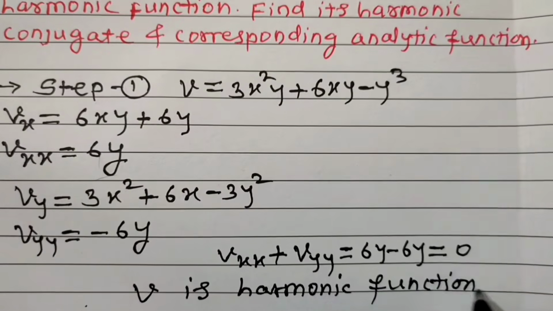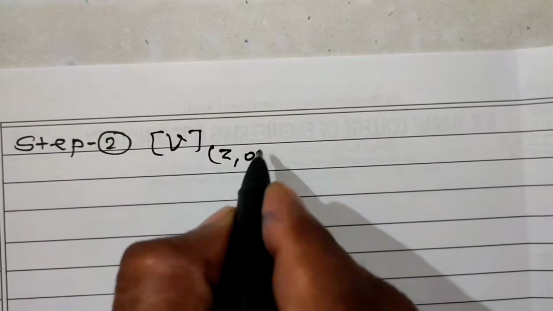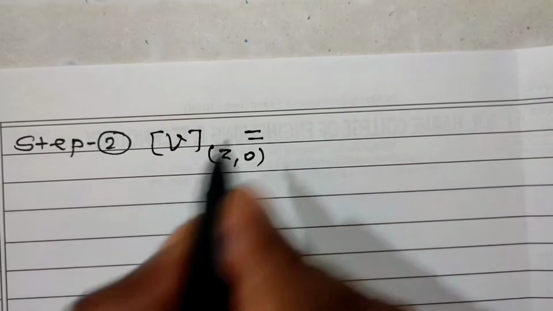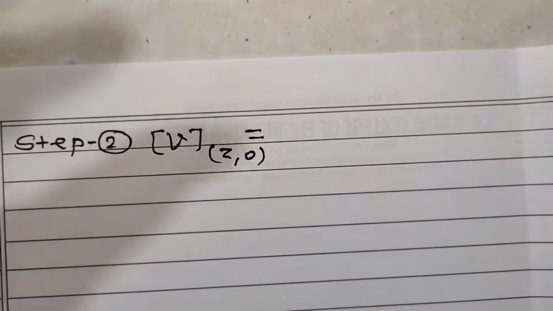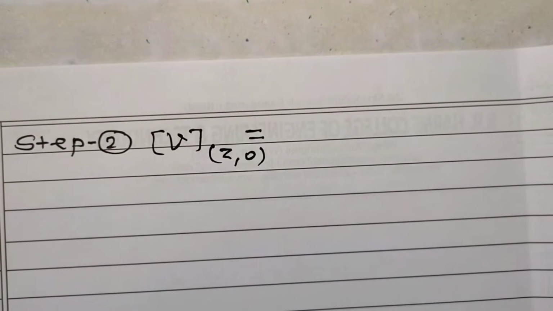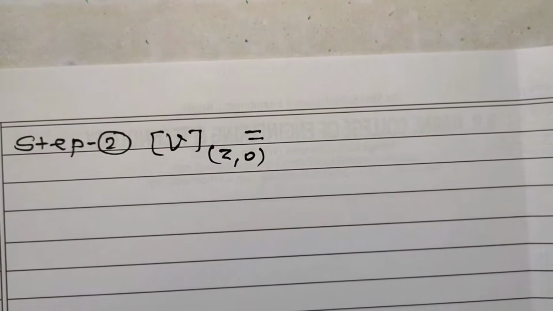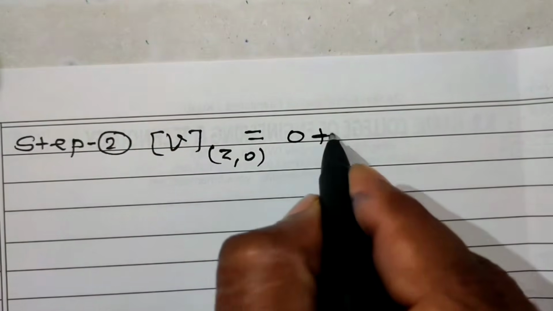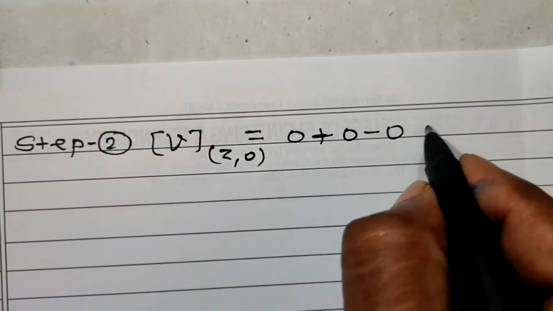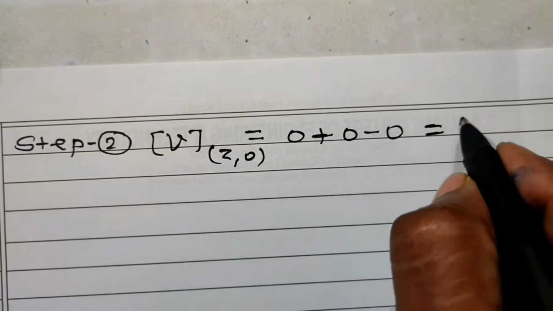Now, step number 2. In step number 2, find v at z comma 0, replacing x by z and y by 0. That gives 0 plus 0 minus 0, which means v at z comma 0 is 0.